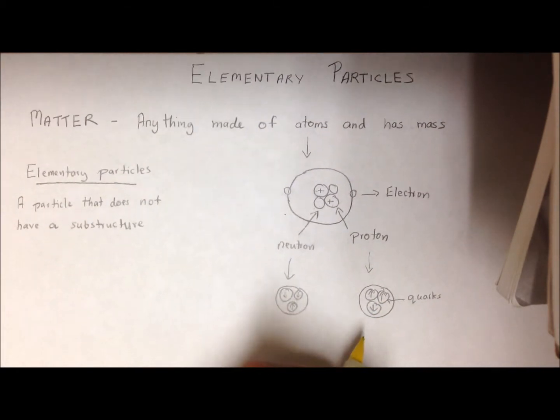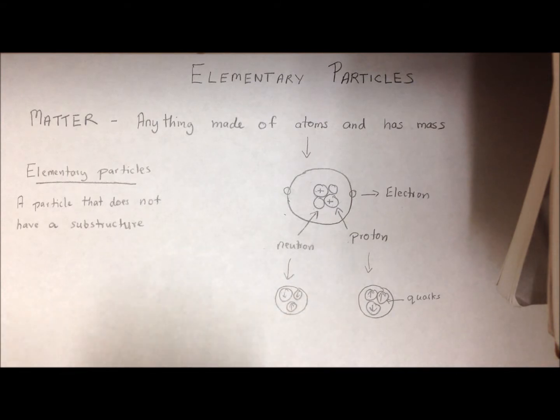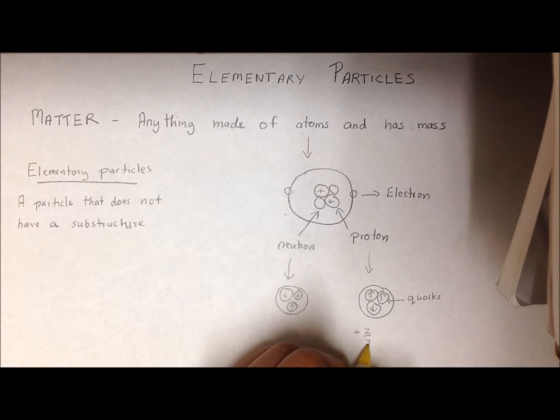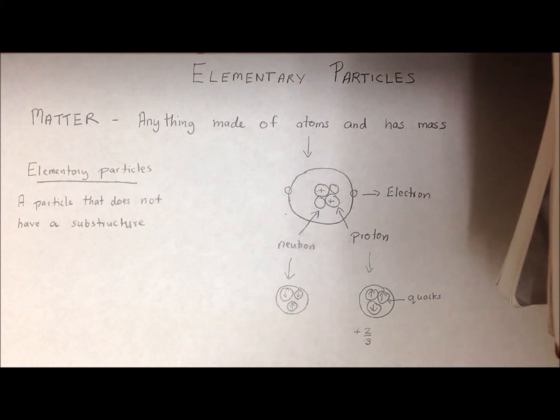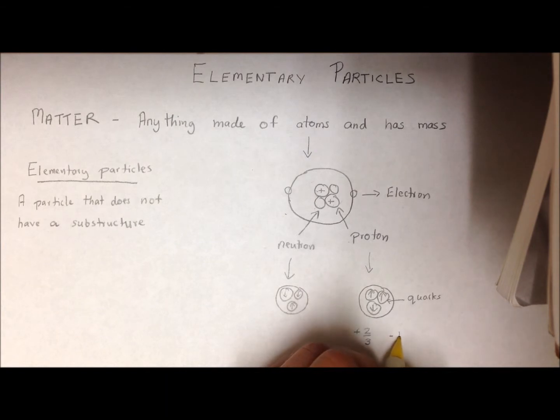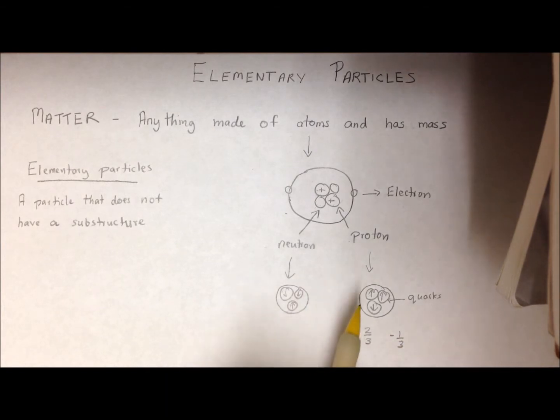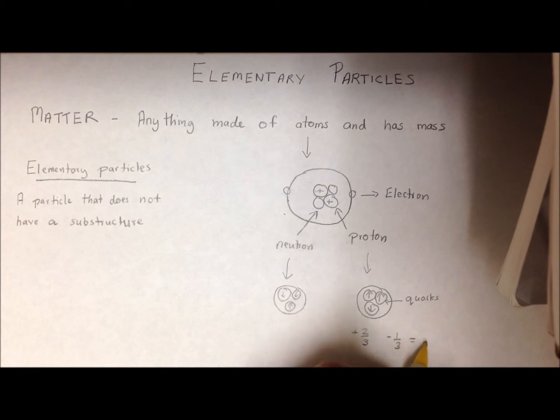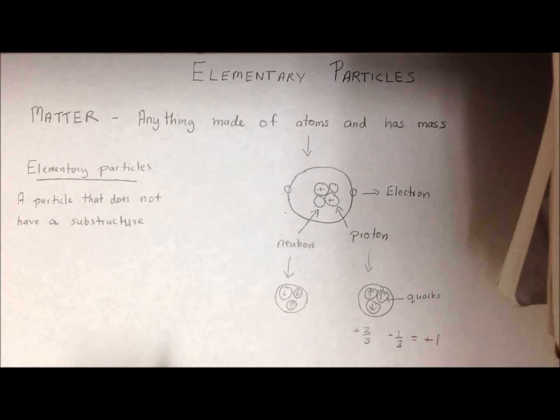An up quark has a charge of positive 2/3, and a down quark has a charge of negative 1/3. So when you add 2/3 plus 2/3 plus negative 1/3, you get a charge of +1.